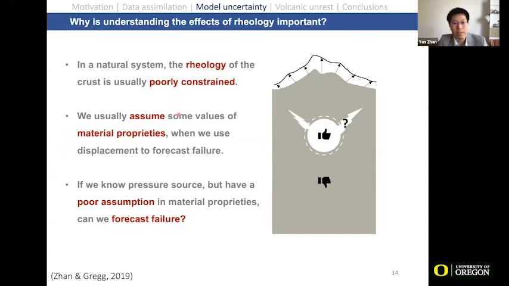So we usually use some assumed value for the material property when we forecast failing. However, if we already know the pressure source pretty well, since we can determine that by some data assimilation strategy, but we don't have a good constraint on the assumption, my question is, can we still do an accurate forecast of the failing process?